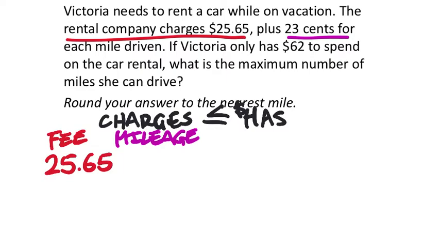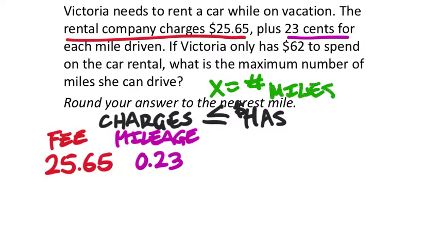Well, we don't actually know the final cost, but what we do know is that it's 23 cents for every mile. Well, remember, this one is asking what is the maximum number of miles she can drive. So that has to be our X anyway. So X equals the number of miles. You can put miles driven if you want, but I'm okay with just keeping it simple like this.